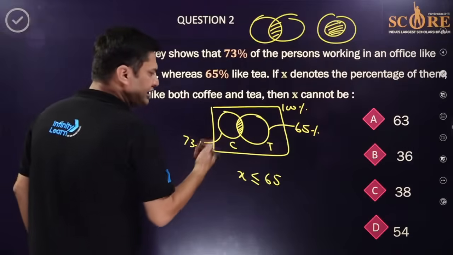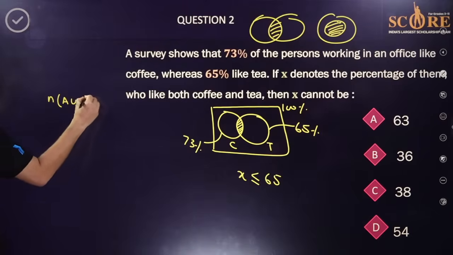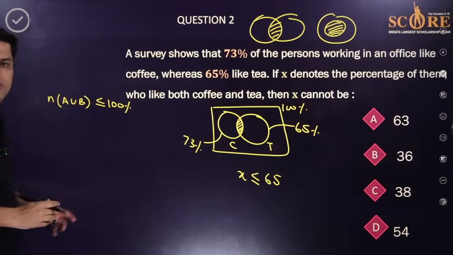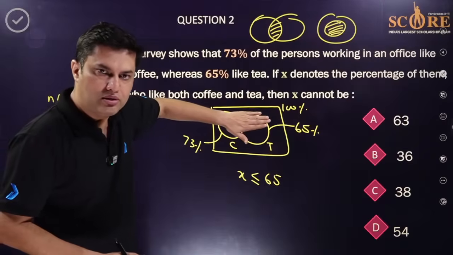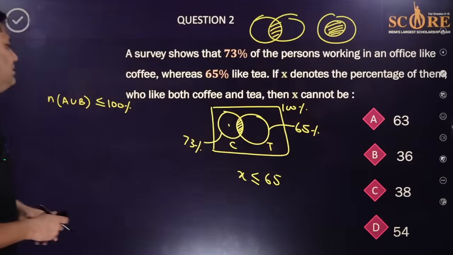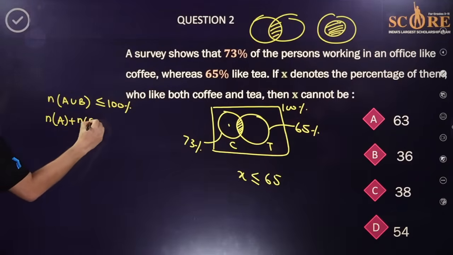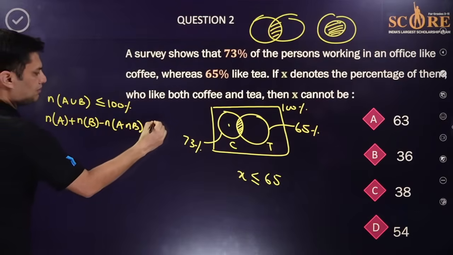What is the minimum value of intersection? The formula is that A union B is always less than or equal to 100%. The union is either equal to 100%, equal to the universal set, or less than 100%. So the formula: n(A) plus n(B) minus n(A intersection B) is less than or equal to 100%.